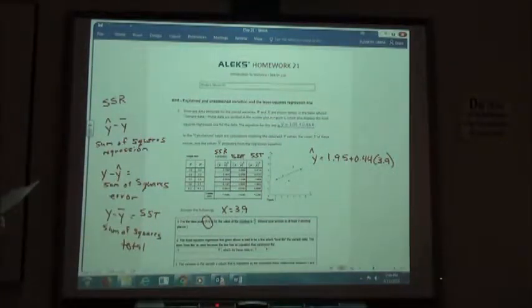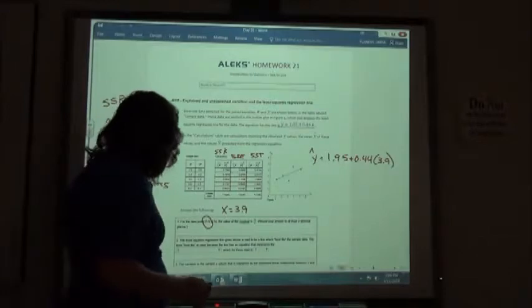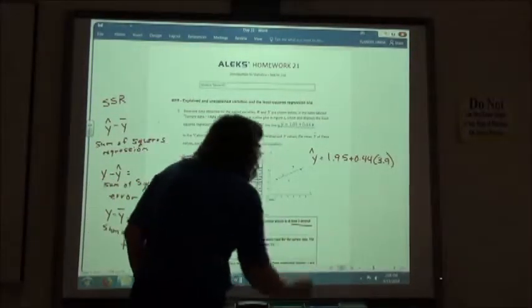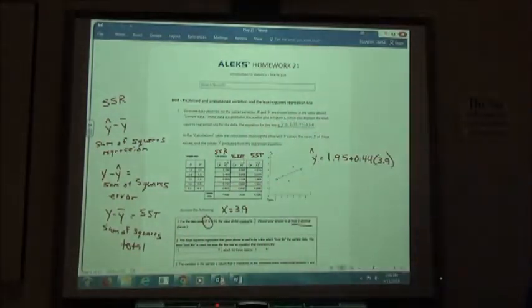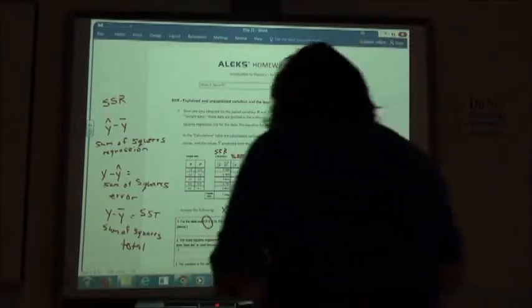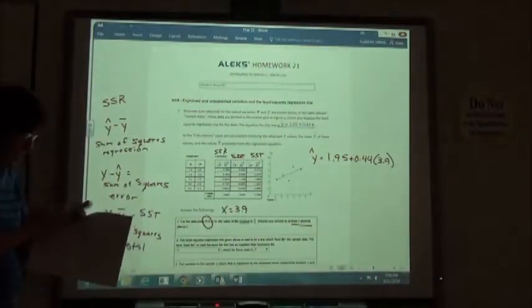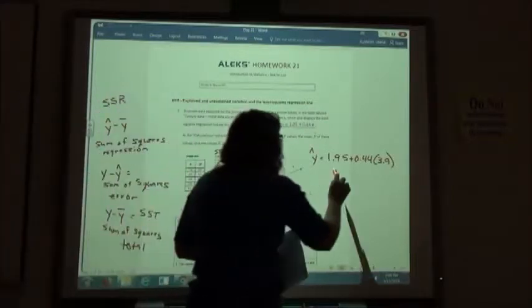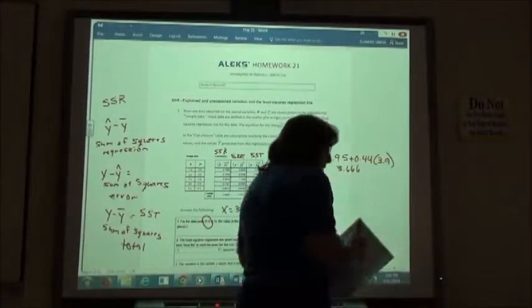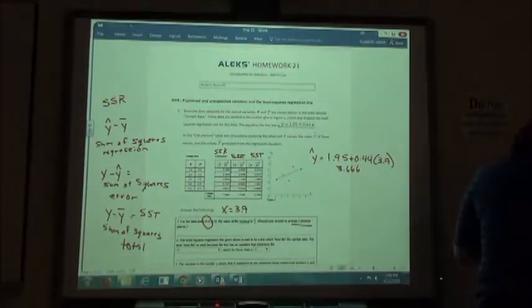If you multiply all of that out and round your answer to at least 2 decimal places is what it tells you to do. If I grab a calculator here, I get 3.666 when I do that.